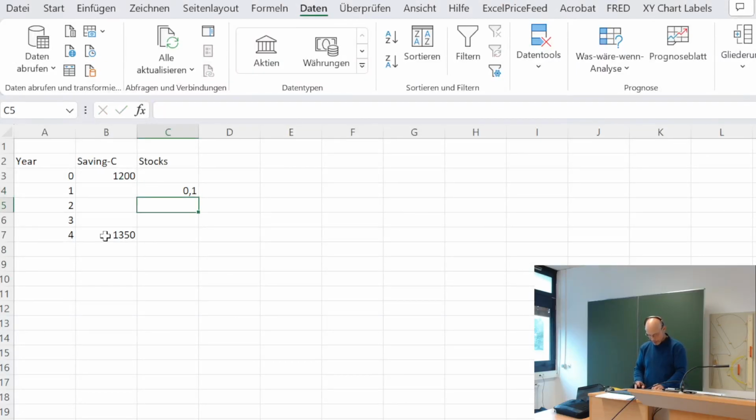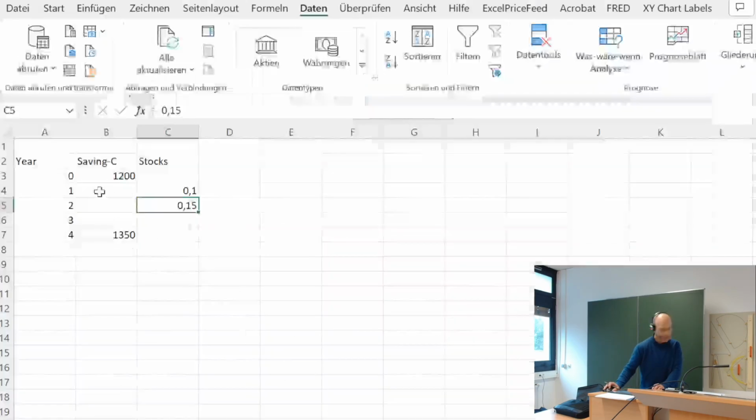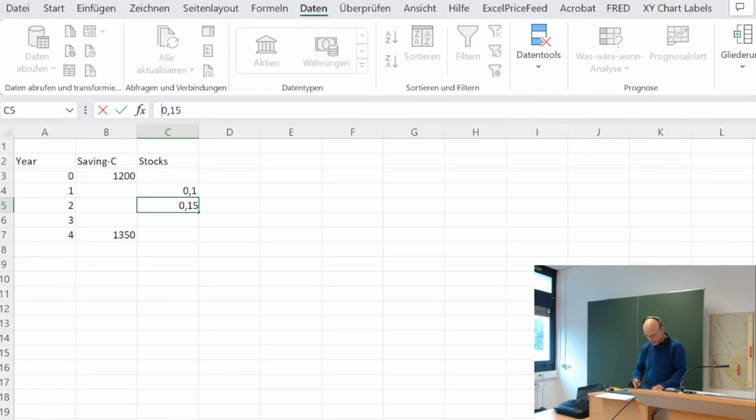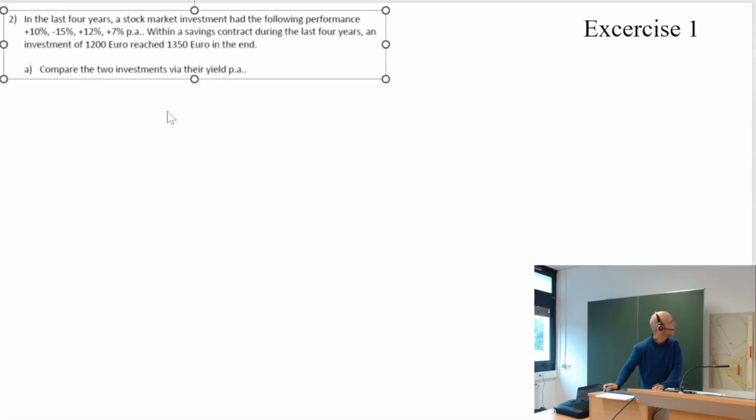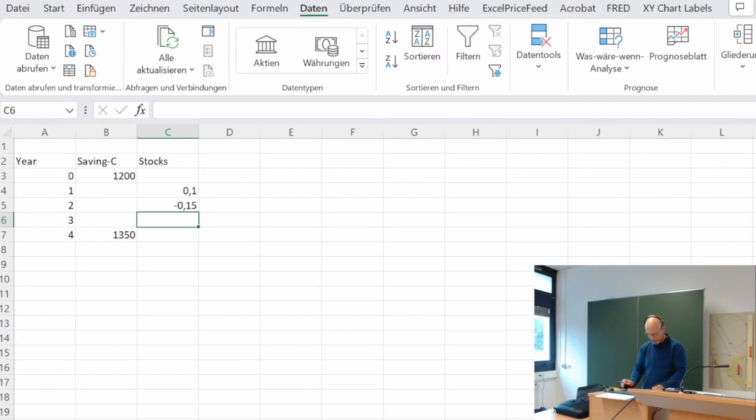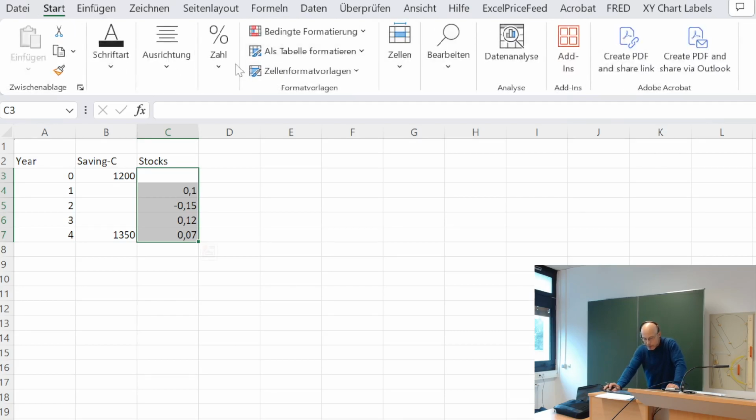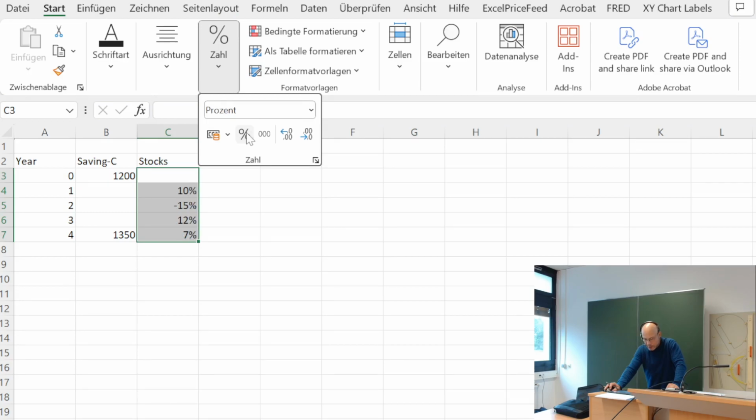So 0.1, minus 0.15, and then 0.12 and 0.07. We can also format this so that we have the percentage.